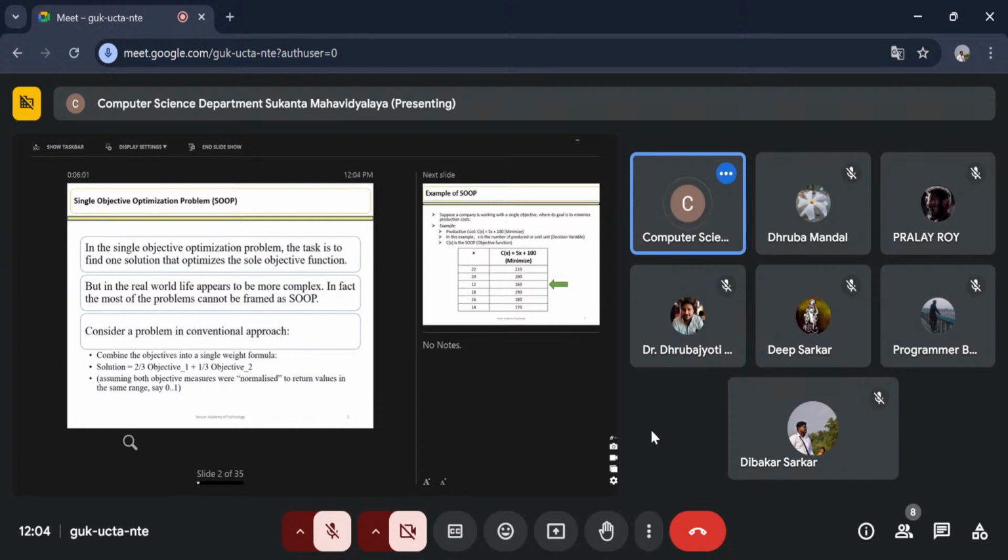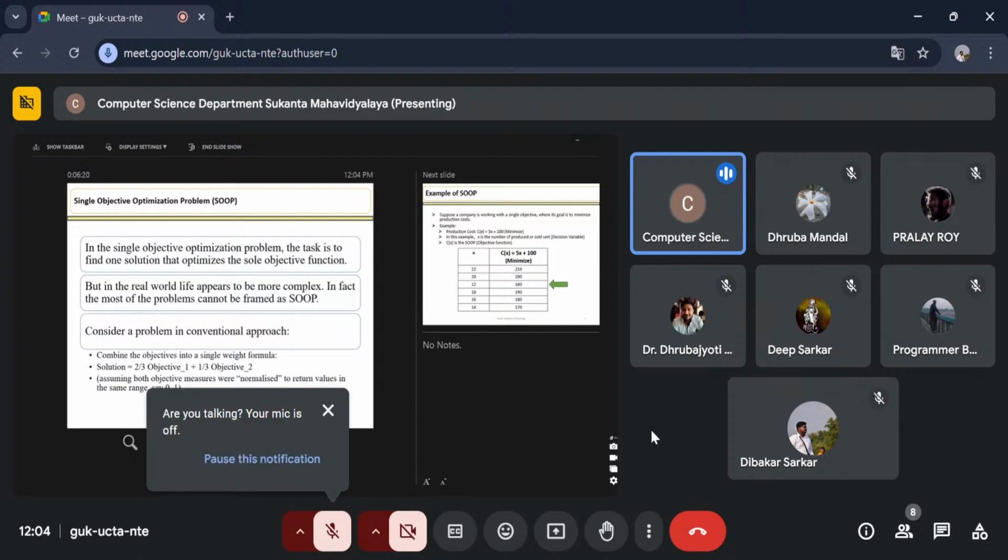Basically alpha versus 1 minus alpha, where alpha is any proper fraction lying between 0 to 1 that is going to work. Now this is the basic source of your problem, and because of which the question of multi-objective way of tackling or handling the thing becomes imminent.